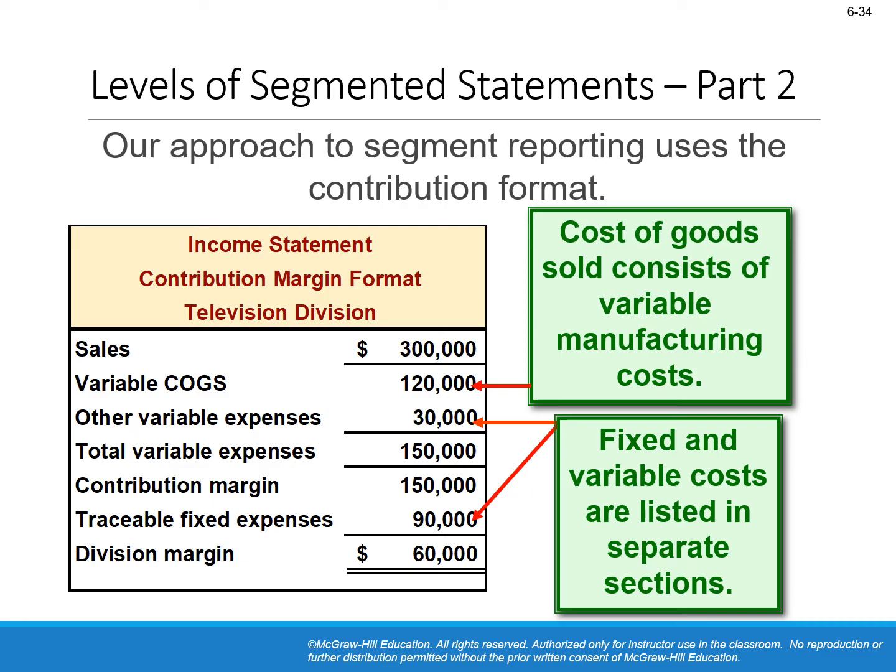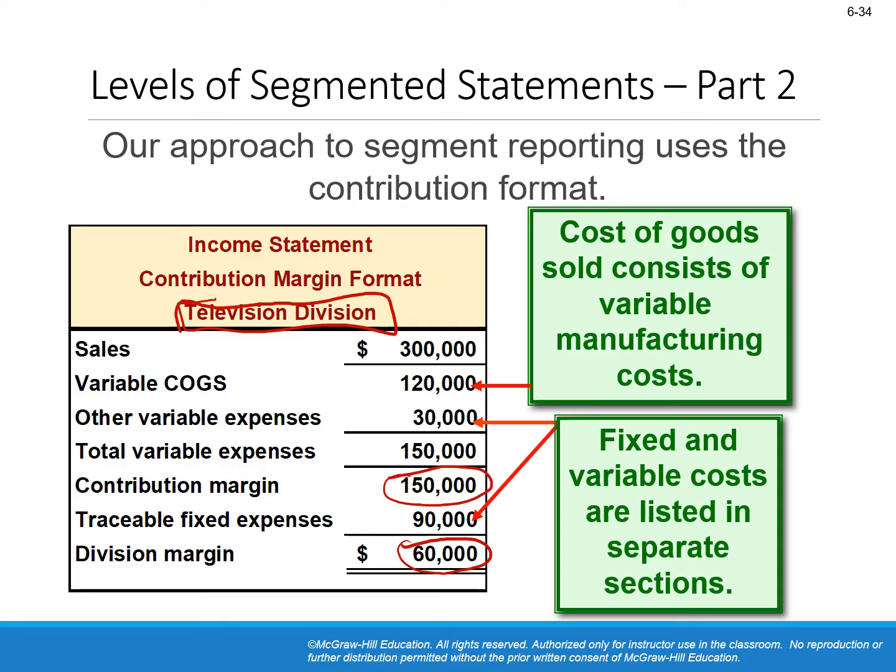So they have the contribution format income statement, of course, sales 300,000, variable cost of goods sold, other variable expenses. This gives us 150,000 as contribution margin. Traceable fixed cost is 90,000, and the division margin is 60,000. Here we're talking about the television division only.